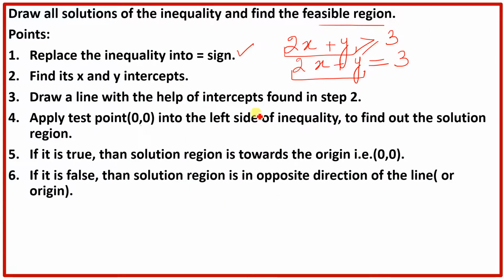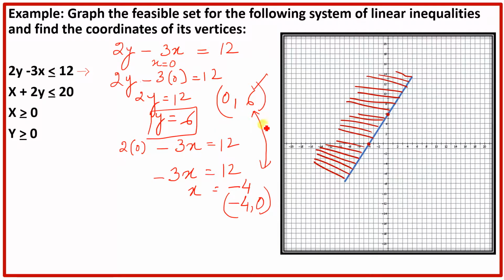Now the third step is to draw a line with the help of the intercepts. Here x is 0 and y is 6, so we get a point here. This is the first point.